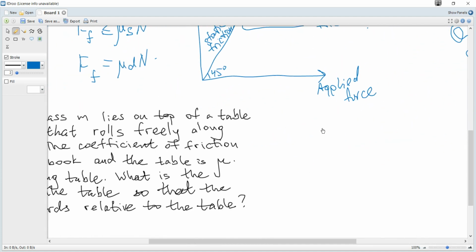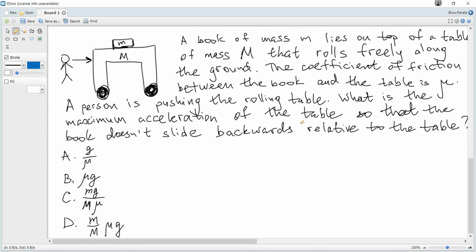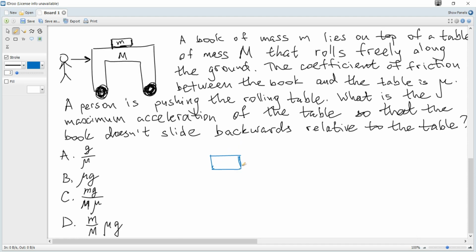And now let's consider the given problem, and let's consider this small object on a book on the table, and the forces which act on this object. Definitely there are mg and n, but we will consider the horizontal direction, so we don't need n and mg because they don't influence the horizontal motion. And what about friction?